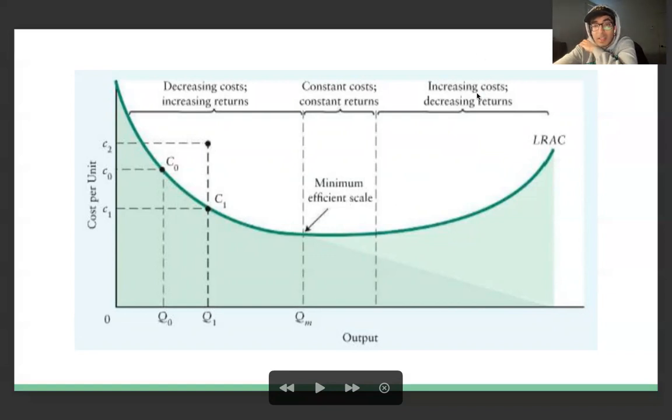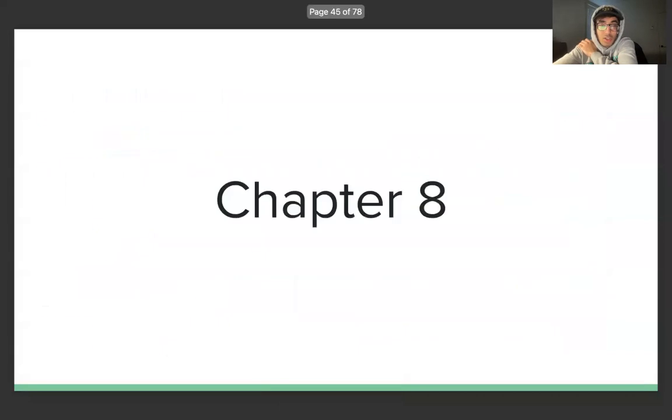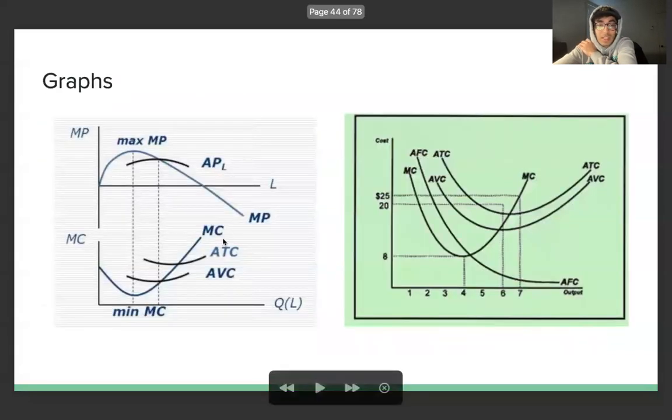And then you have increasing costs and decreasing returns, and it's similar to the short run graphs in the sense where after a certain point your marginal cost starts increasing and your marginal product starts falling and your average product starts falling.